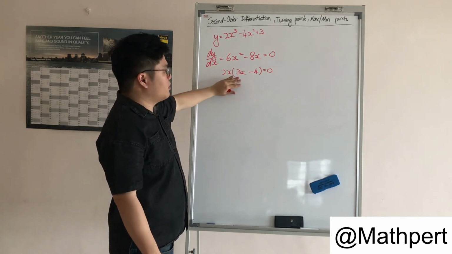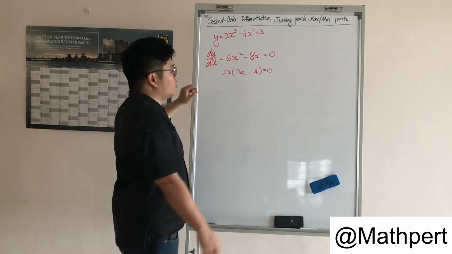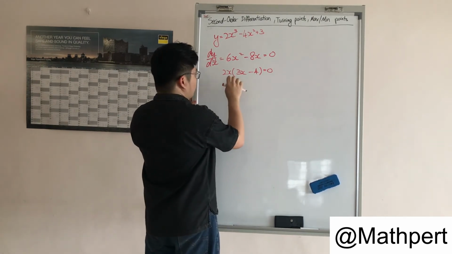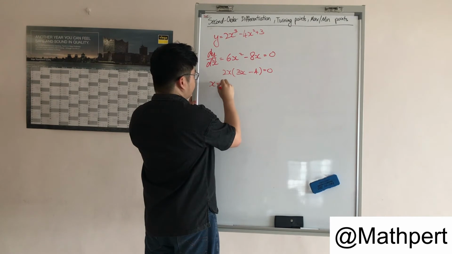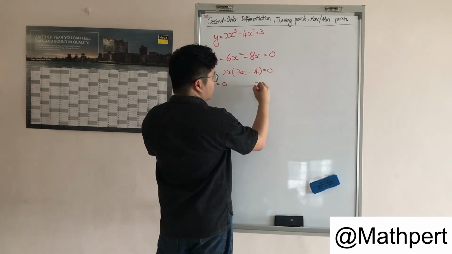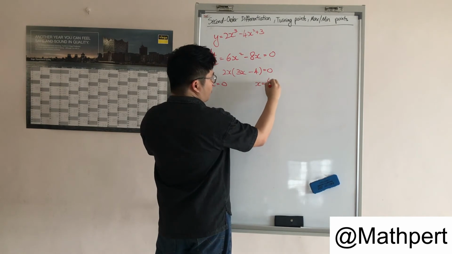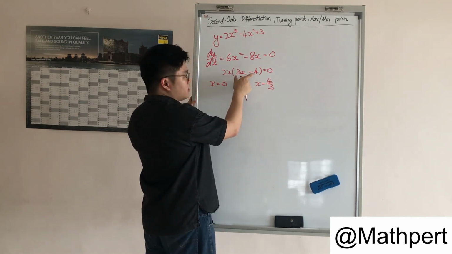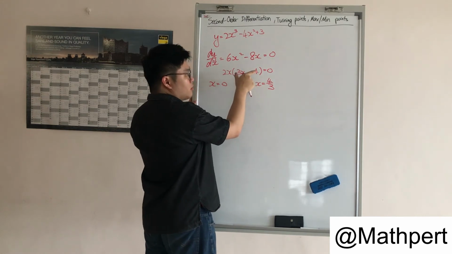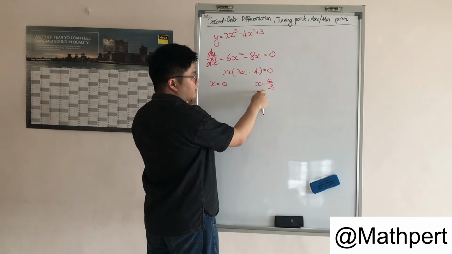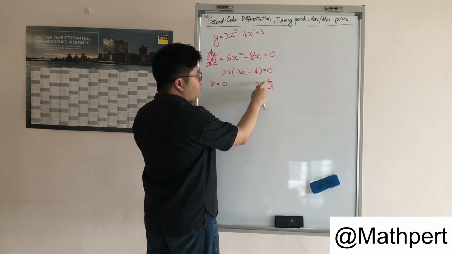So there will be two solutions for this. First, x equals to 0. Second, x equals to 4 over 3, from 3x minus 4 equals to 0.